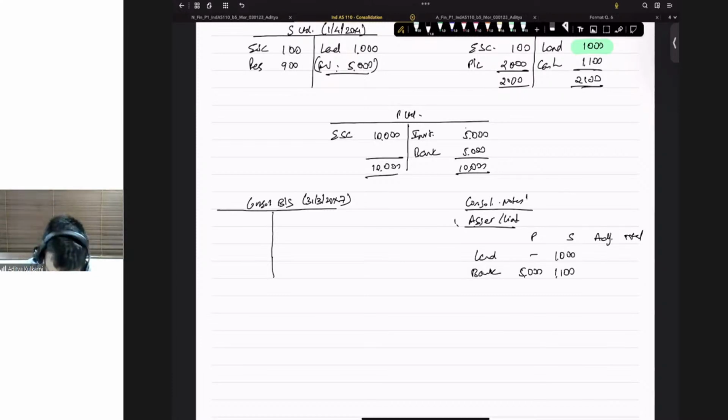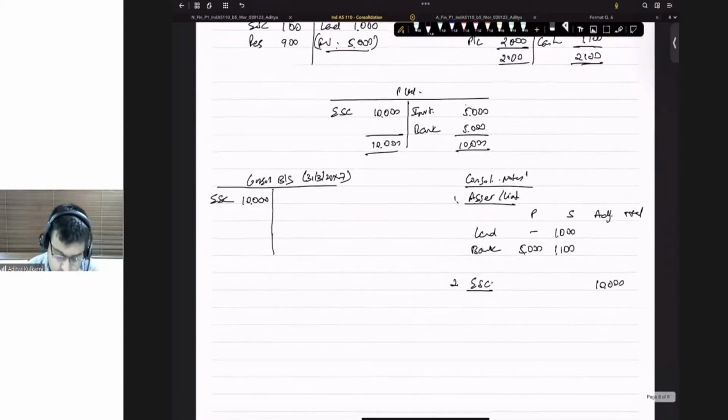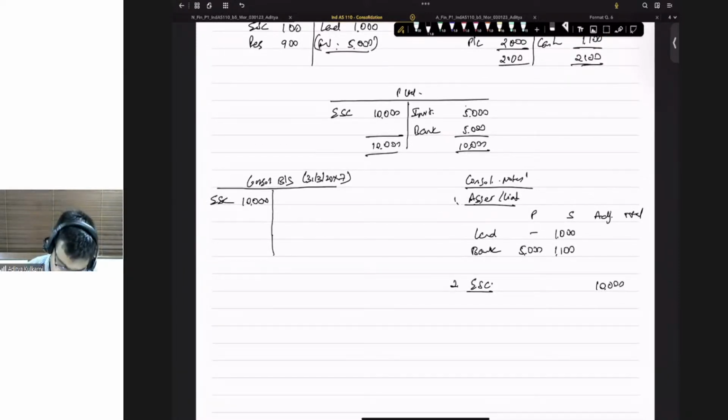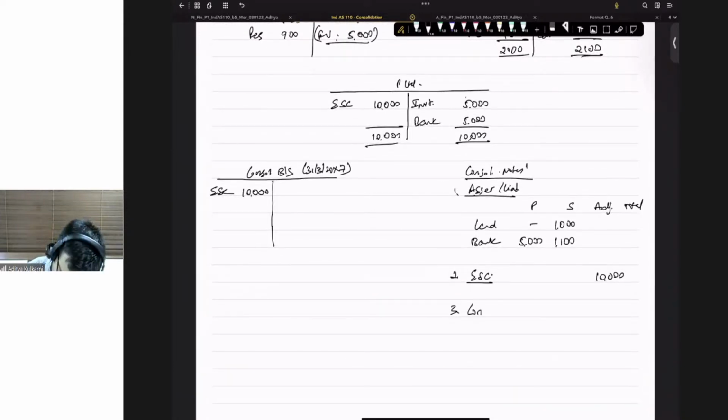Note number 2, we start with P Limited, that is equity share capital. So this will be P Limited's 10,000. Here in consolidated equity share capital 10,000. Note number 3, consolidated other equity.